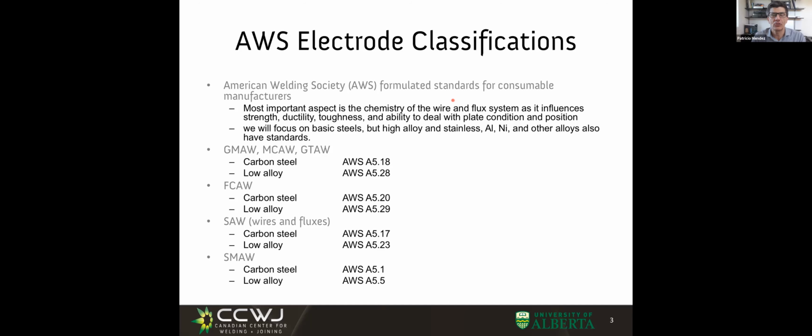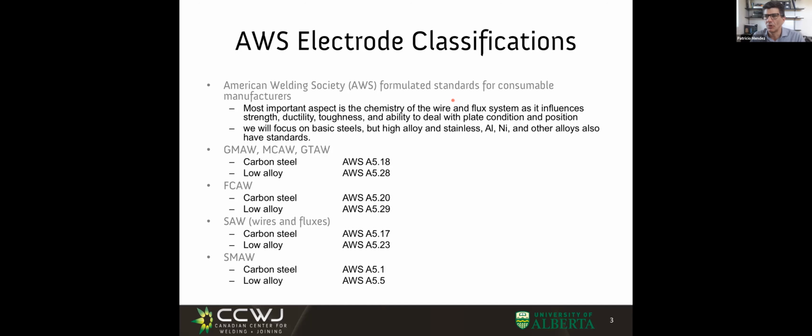And this is good for pretty much anything that is welded. We will be focusing on carbon and low alloy steels here, but if you're talking about high alloys, stainless, nickel, aluminum, pretty much everything has a standard.